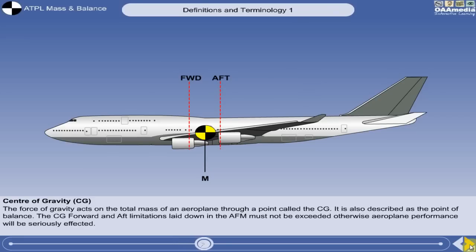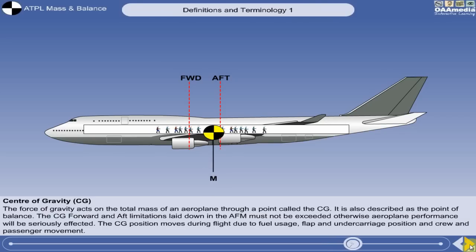You learned previously that the initial centre of gravity will move forward or rearwards, depending on loading and operation of the aeroplane. There are constraints placed on the limits of travel laid down by the manufacturer, documented in the aeroplane flight manual. It was stressed that if the forward or aft limit was exceeded, it would seriously affect aeroplane performance.